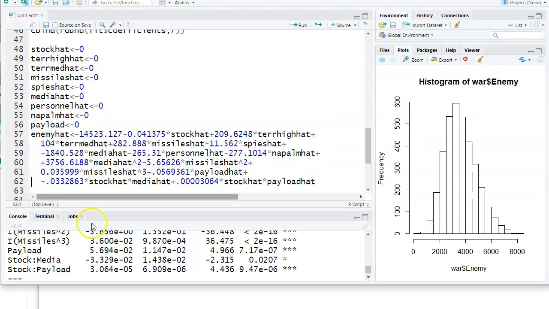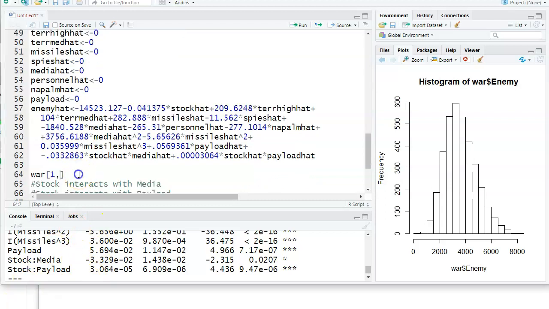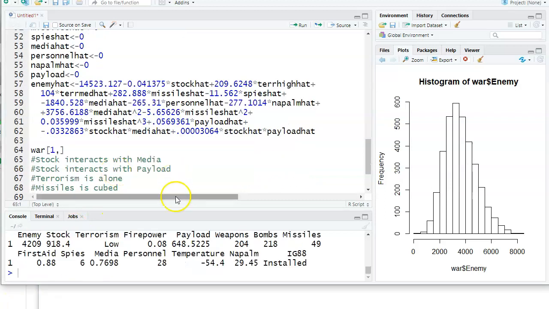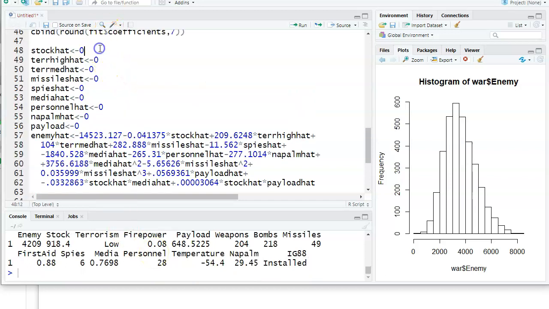Maybe I'll have R do this. I want to see the first row in my data set. Oh, this is much better than looking at the notepad. Okay, my stock value was 4209. No, that was the enemy deaths. Stock was 118.4. The terrorism level was low, so not high, not medium. Those need to both be low.